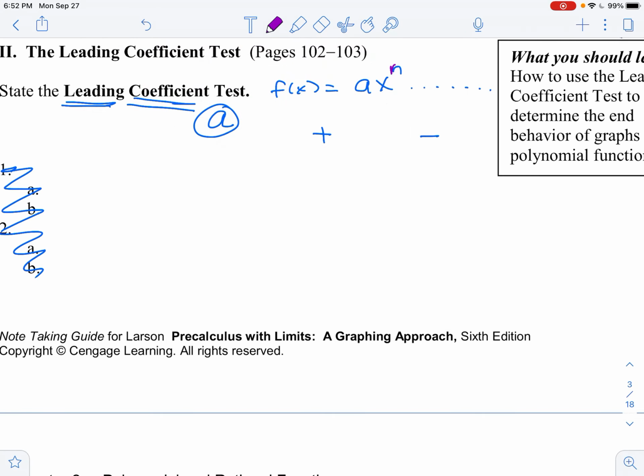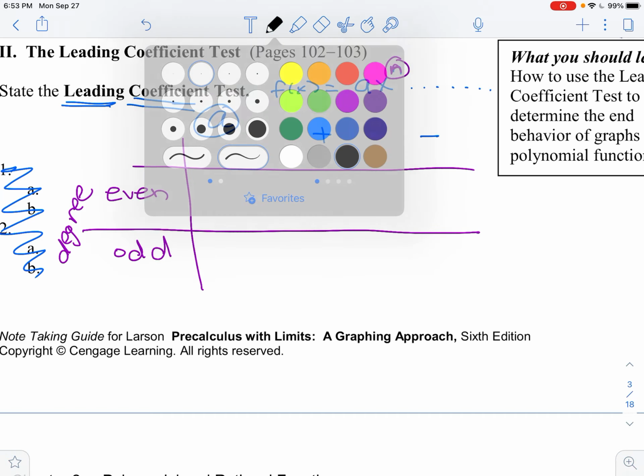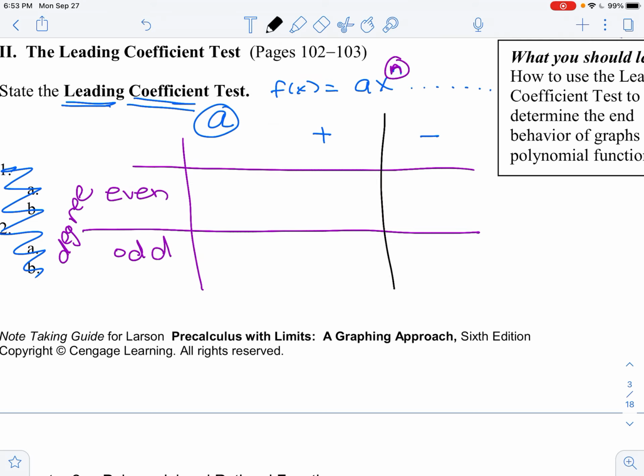And then we're looking at this exponent. We're looking to see, is that exponent even or odd? There are two different situations there as well. So this is our degree, or the exponent is even or odd, and the leading coefficient is either positive or negative.